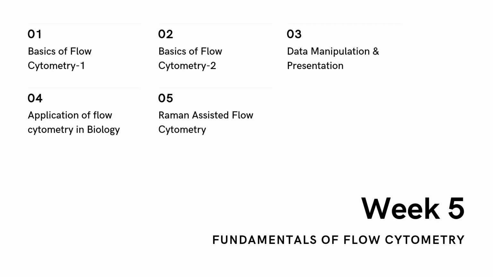Flow cytometry usually has three main components. It will have a flow system, which controls the movement of cells past the sensing point.